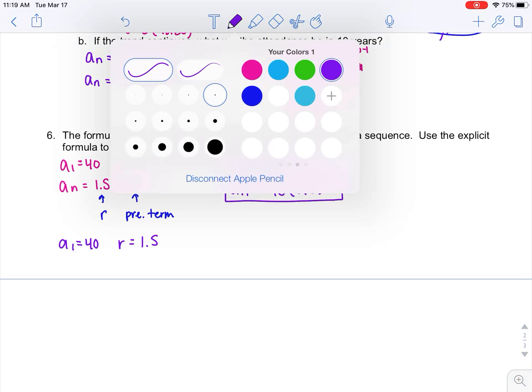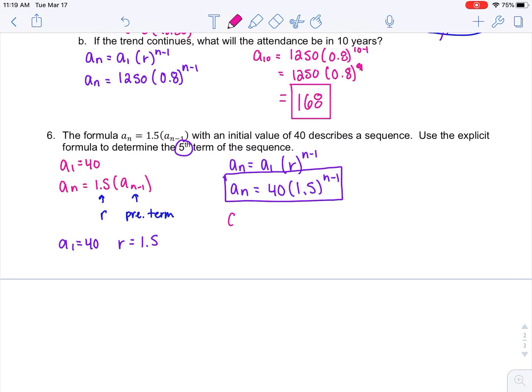We're going to need to use it to determine the 5th term of the sequence. So I'm going to plug in 5 for n. So A5 is equal to 40 times 1.5 to the 5 minus 1 power. So 40 times 1.5 to the 4th power.